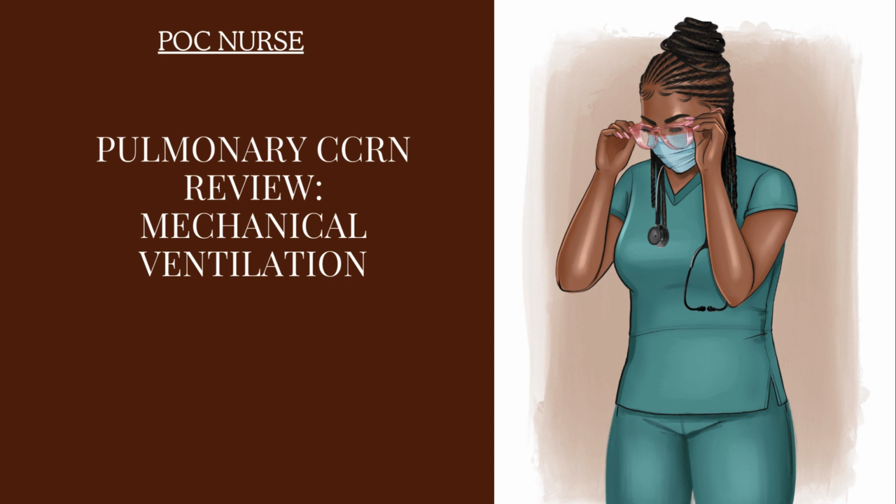Secondly, we want to utilize a low respiratory rate so that we can maybe reduce the chance of them air trapping in their lungs. We also want to use a low tidal volume and a high peak flow rate. A high peak flow rate would help them inspire more oxygen. And we also have to monitor these patients for auto-PEEP.